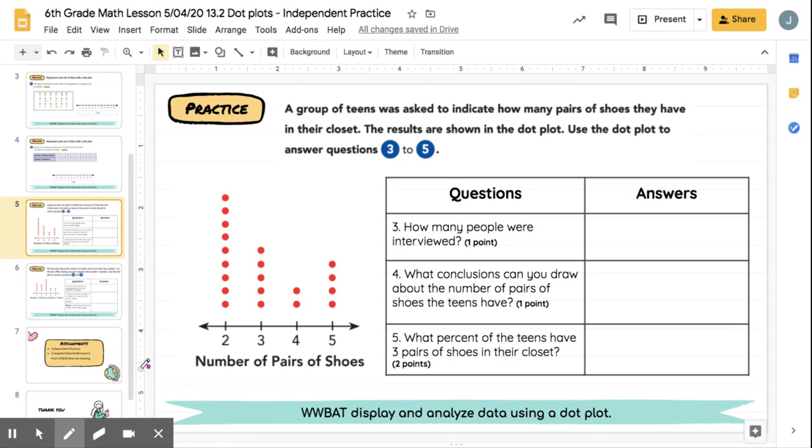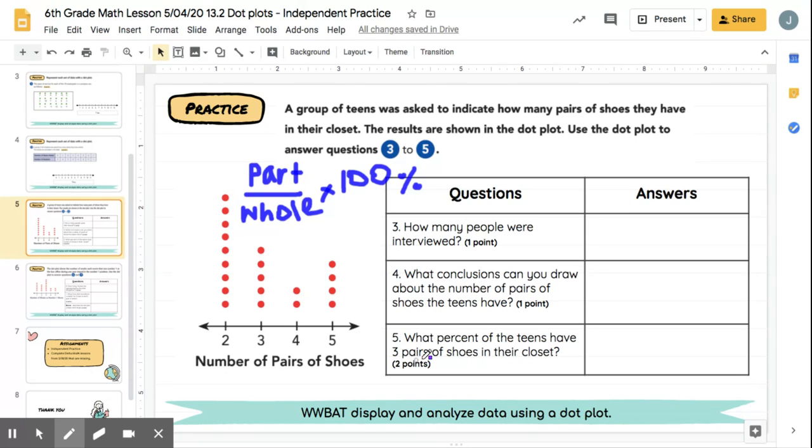Now, I'm just going to use this as an example because I know a lot of you have forgotten how to find percent. You can find percent by using part on top of whole, because percent is the same as the fraction times 100%. Let's use these numbers just for an example.